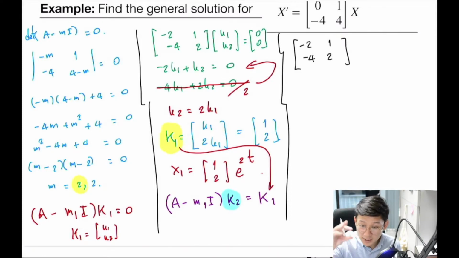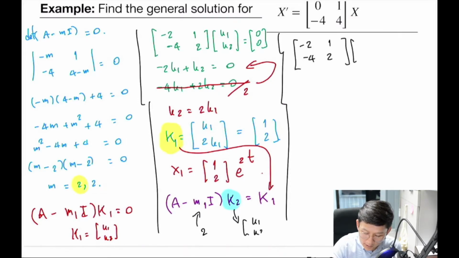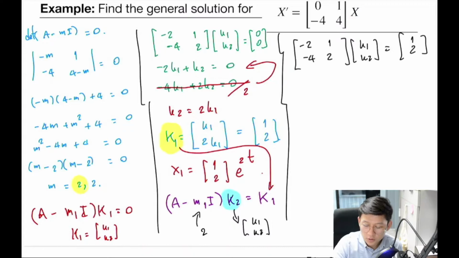So from that equation, we have minus 2, 1, minus 4, 2, which is A minus m1 I, where m1 is 2. And then we have k1 and k2 again, equal to k1, which is 1 and 2.